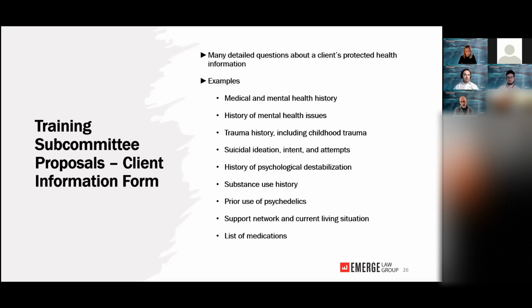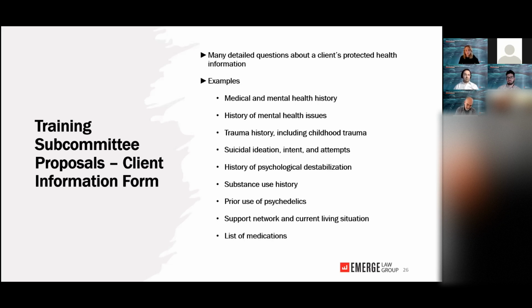But, and we're only at the very early stage of this, the subcommittee listed a client information form. And by the way, Measure 109 says that there will be a client information form, but it basically defers to the OHA as to what the contents of that form will be and what will be done with the contents of that form.